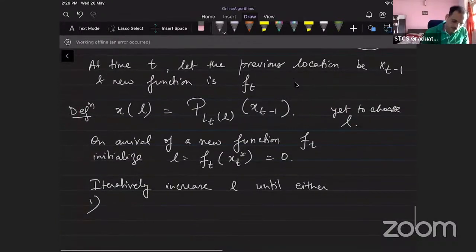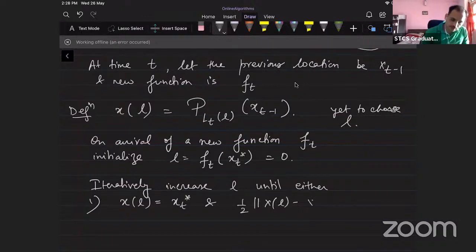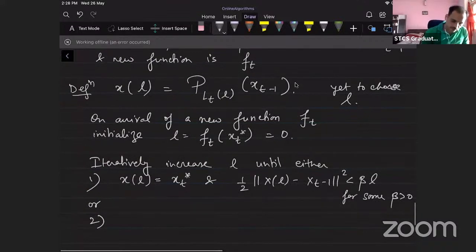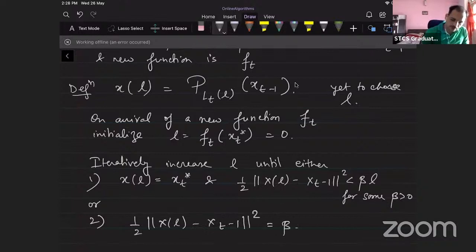One, x(L) is equal to x_t*, and (1/2)||x(L) - x_{t-1}||^2 is at most beta times L for some beta greater than 0. Or two, (1/2)||x(L) - x_{t-1}||^2 equals beta times L. In either of the two conditions, you terminate.